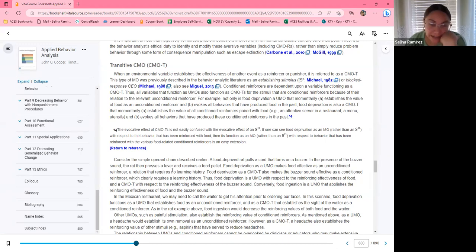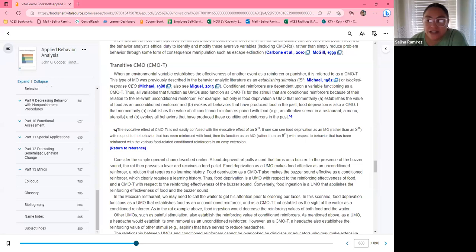So let's look at this example. A food deprived rat pulls a cord that turns on a buzzer. In the presence of the buzzer sound, the rat then presses a lever and receives a food pellet. Food deprivation as a UMO makes food effective as an unconditioned reinforcer, a relation that requires no learning history.